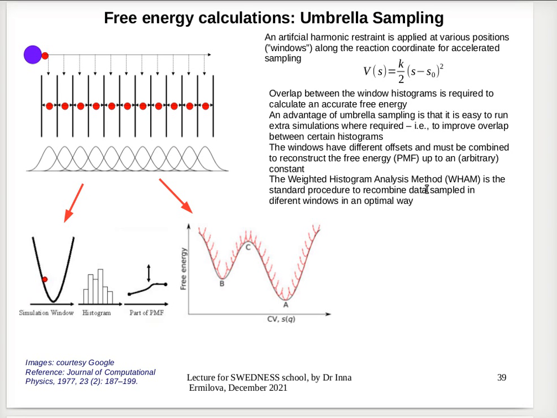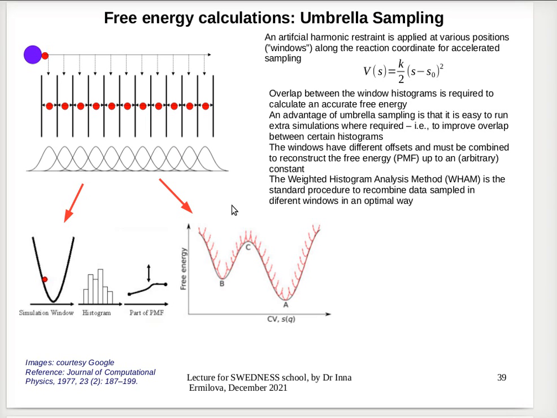Umbrella sampling is a method which uses an artificial harmonic restraint along the reaction coordinate. So this can be like binding of something to something, so it depends on what you call a reaction or phenomena. Basically you create several simulations, like windows, several simulation boxes over the reaction coordinate, and then you simulate your phenomena in every window.